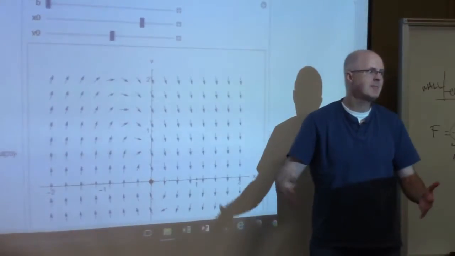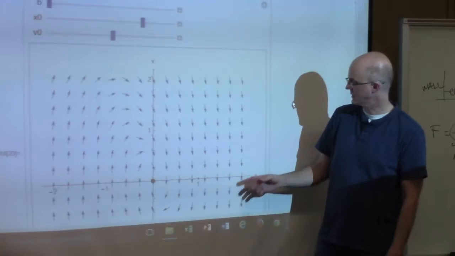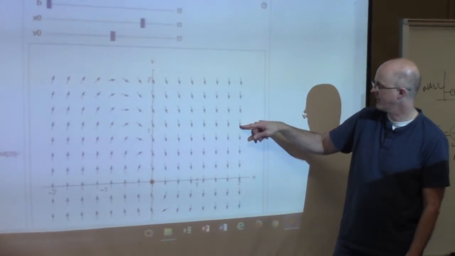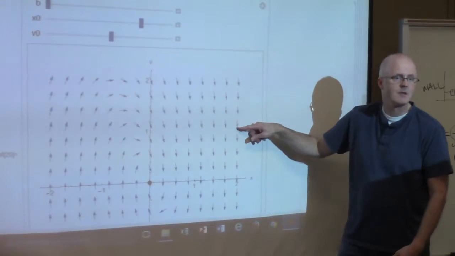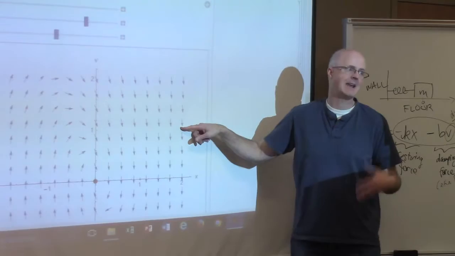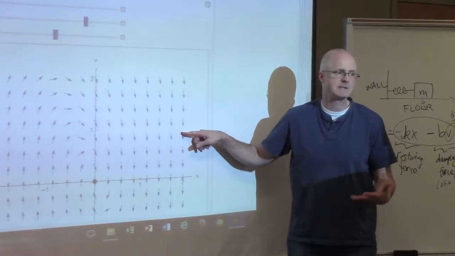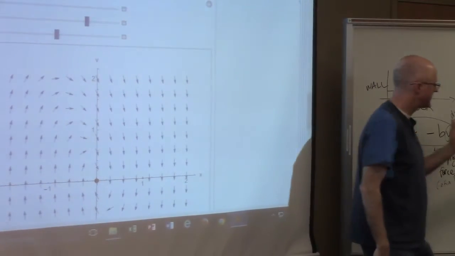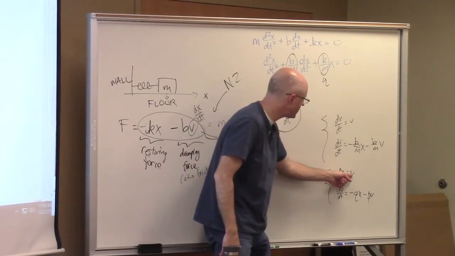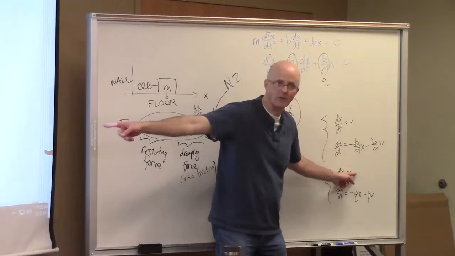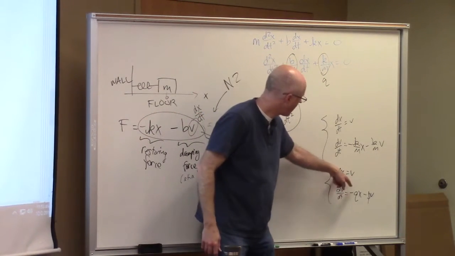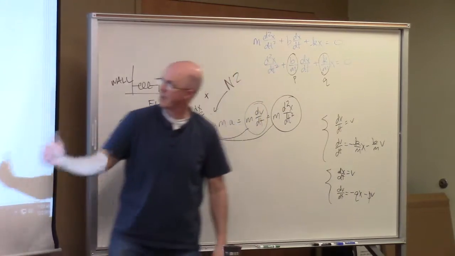Because at any particular point whose coordinates x and v are given, for example the point (2, 1), right about there, at a moment in time when a solution curve happens to be going through this point, the differential equations are saying the first coordinate of the velocity vector should be the v coordinate of that point, 1. That's the x component of the velocity.